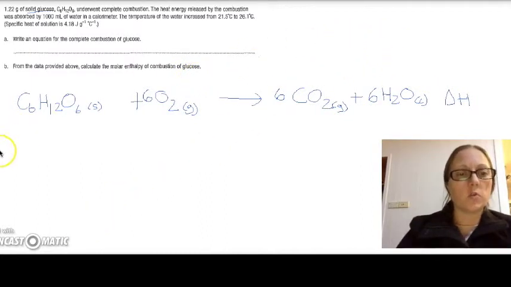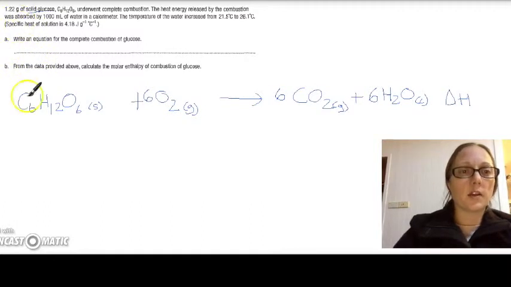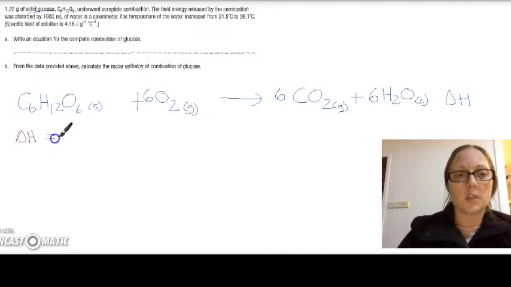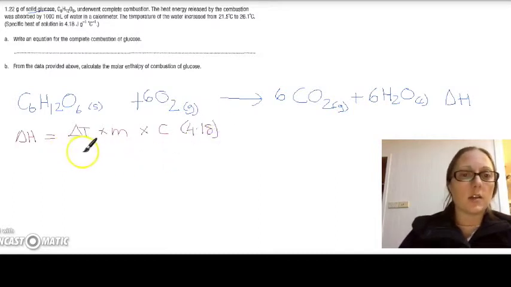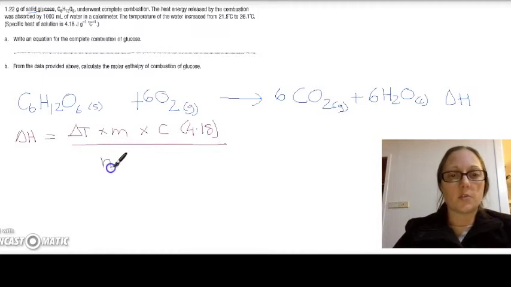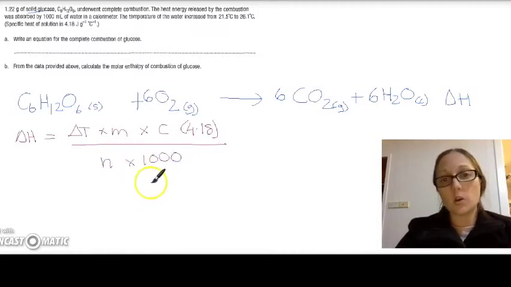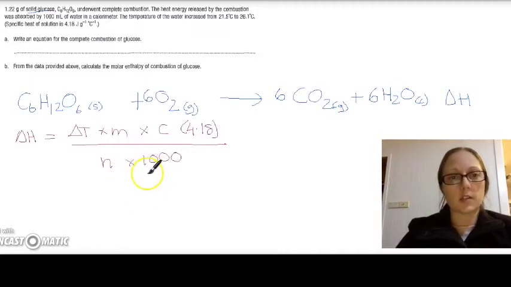All right, so you should remember before that we had our delta H equation. So delta H equals the change in temperature times by the mass times by the heat capacity of water, which is always 4.18. And we then divide that by the number of moles times by 1000. Because of the way this reaction was set up, the temperature of the water was changed.